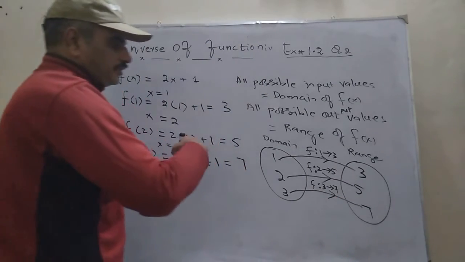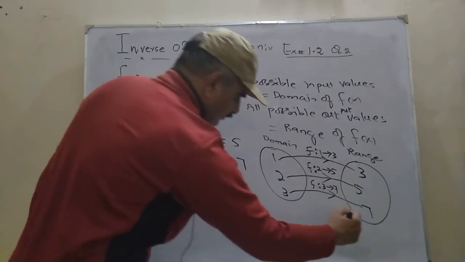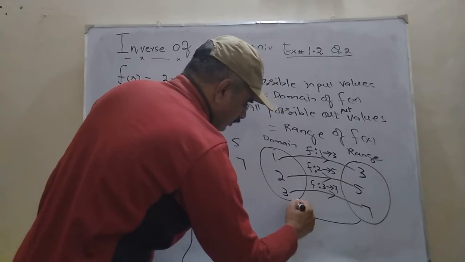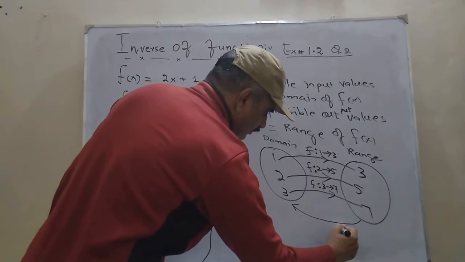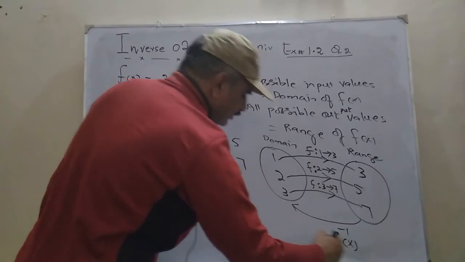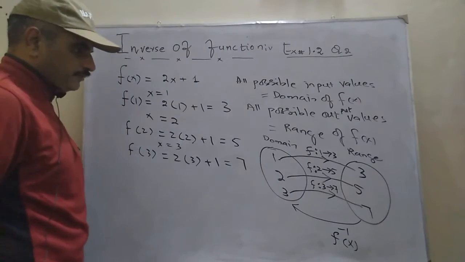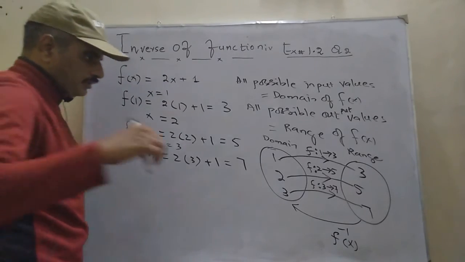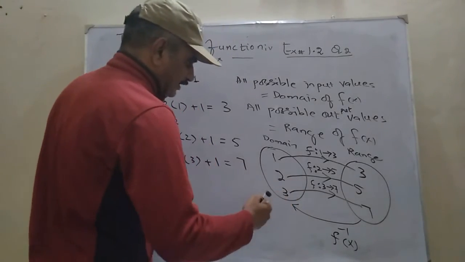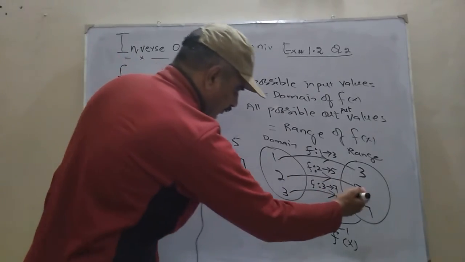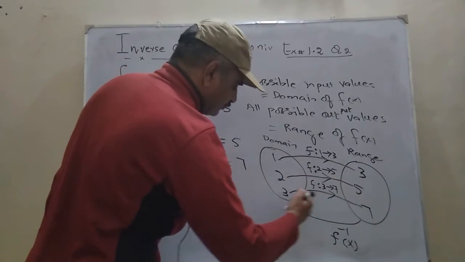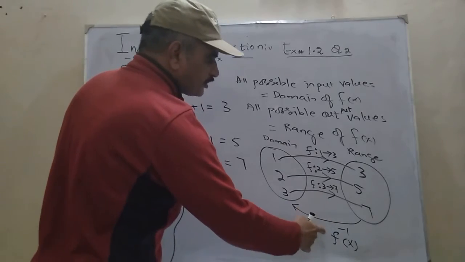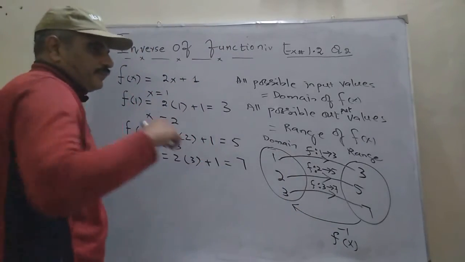To get back, there is another function called the inverse of this function. By the inverse of the function we get the values back, that is from 3 to 1, 5 to 2 and 7 to 3. This new function is called the inverse of the given function.